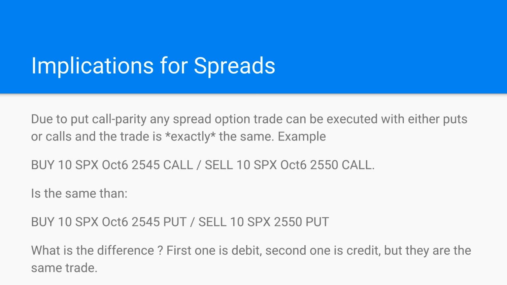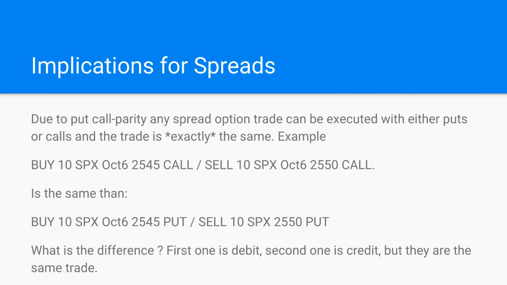is affected by this. And one of the effects, which is very counterintuitive, and I have seen people in my trading room struggling with the concept, pretty much every member of the room struggles with this at some point or another, is that the spreads can be executed with puts or calls, and it doesn't matter.